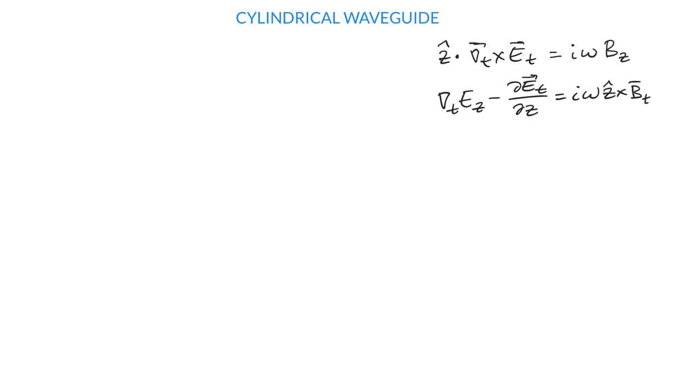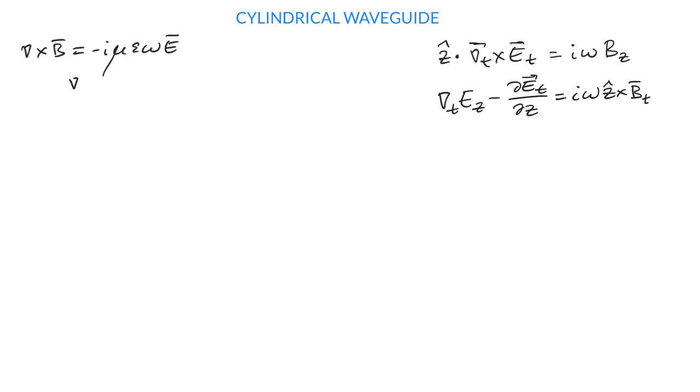So let's now deal with the curl equation for B. So we'll do it in exactly the same fashion. So I have another Maxwell equation for curl B. And again, I split the vectors in two parts.